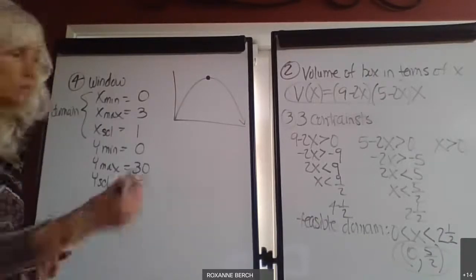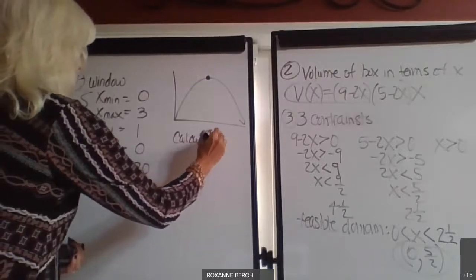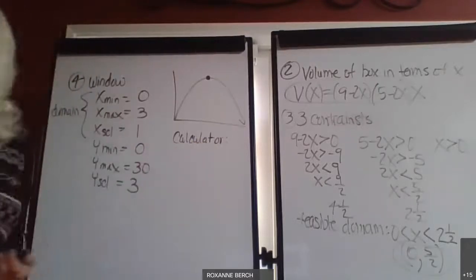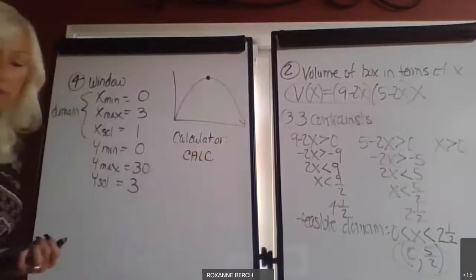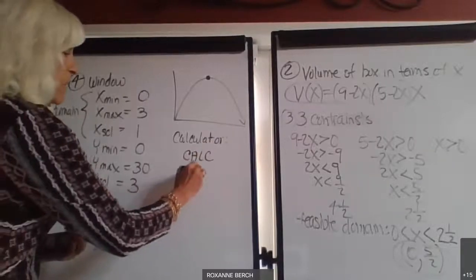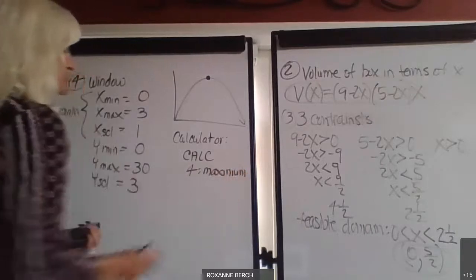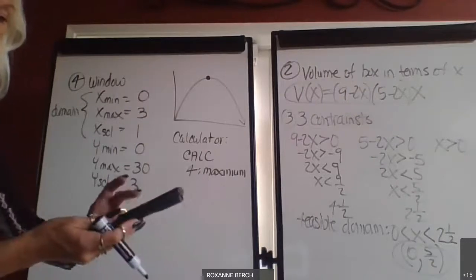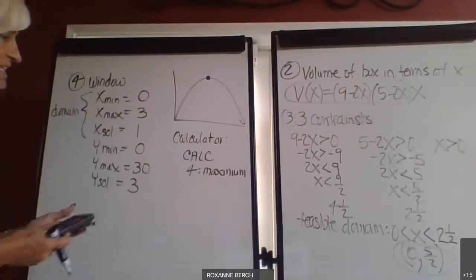Okay, what you're going to do is go to second calc, and you're going to pick number 4, which is a maximum. Second calc is second trace. Go to second trace and pick number 4, a maximum.